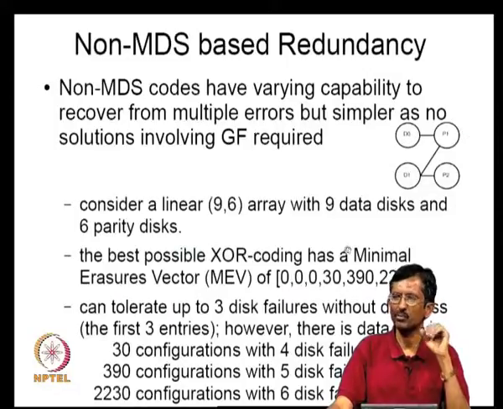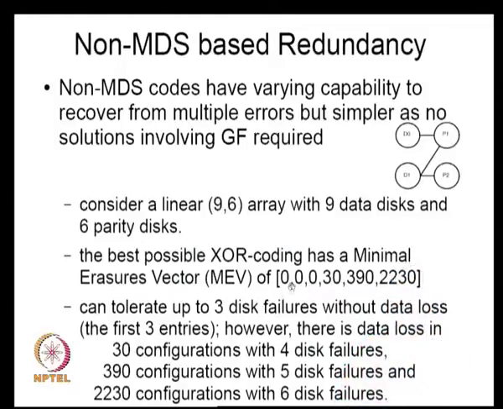Some people have computed this. That one has a certain reliability measure. For example, the best one has this reliability measure. What does it mean? It means that any 3 disk failures it can handle without any problem. For example, this gives you how many ways you can fail when so many errors are there. For example, you fail in 0 number of ways when there is only 1 error. The whole system fails in 0 number of ways if there are 2 errors.